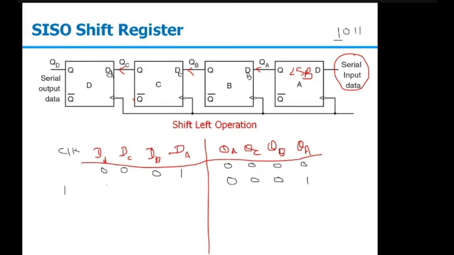New inputs will be 0, 0, 1, and at the DA, we will be having the next input 0. Now when the second clock will come, this will be transferred to the output. So this will be 0, 0, 1, 0. What will be the new inputs to the DA, DB, DC?